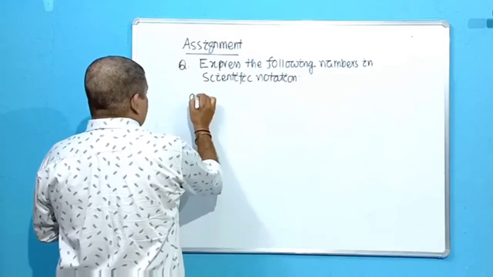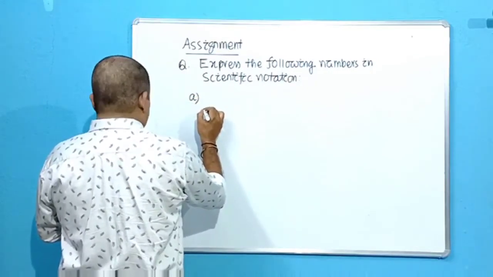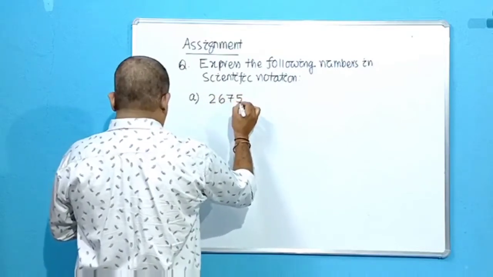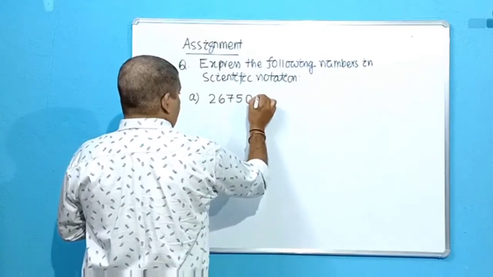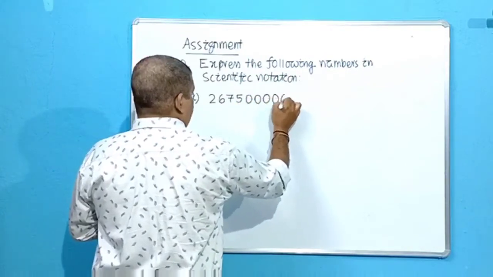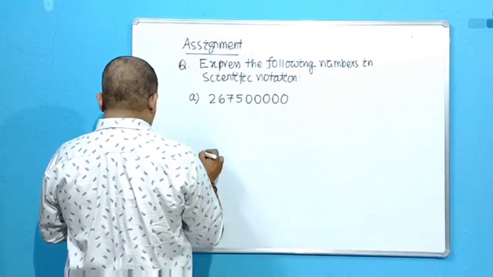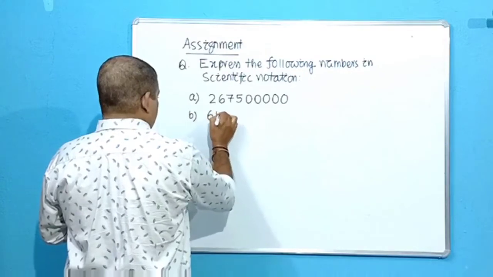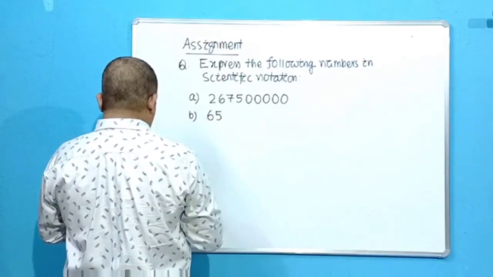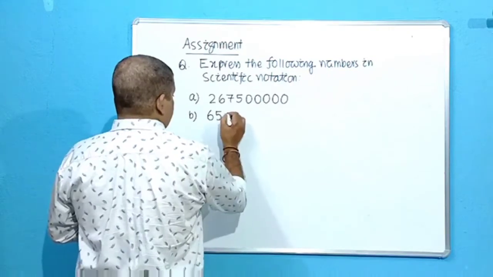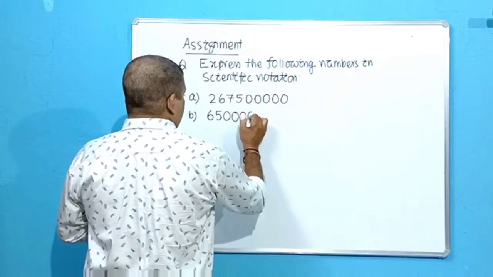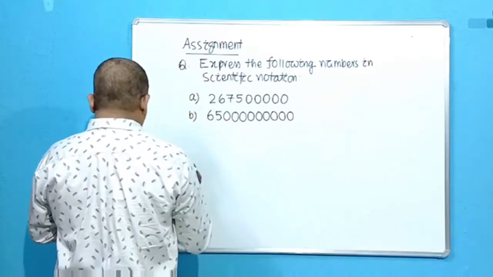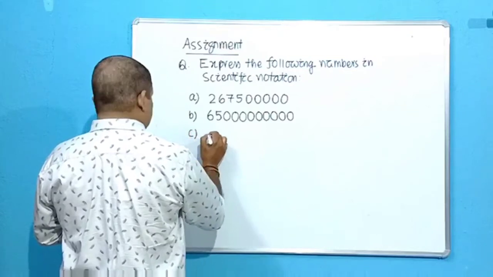The numbers are: A, 2 6 7 5 2 6 7 5, then 5 zeros. B, 6 5 6 5, then 9 zeros. C, 1000.